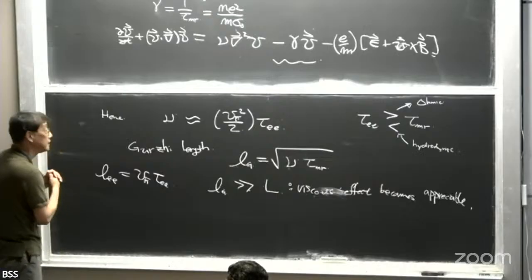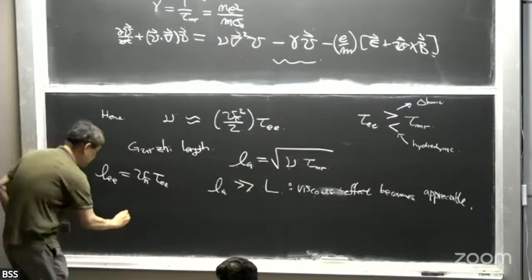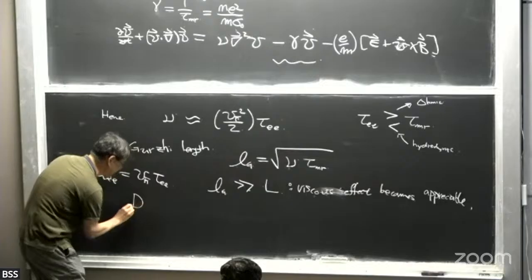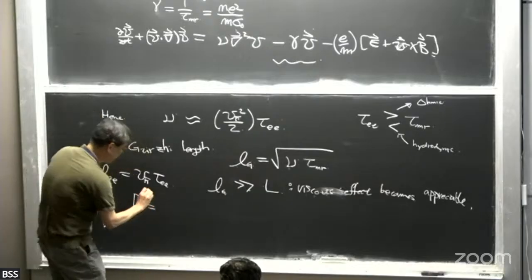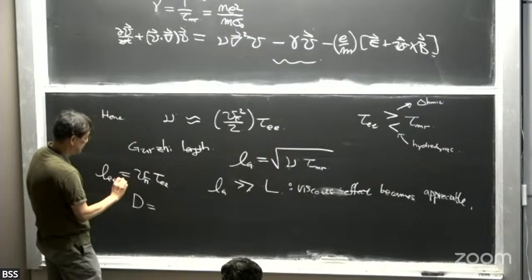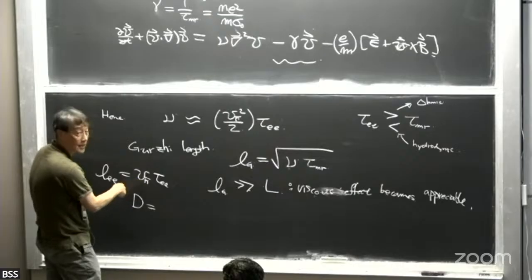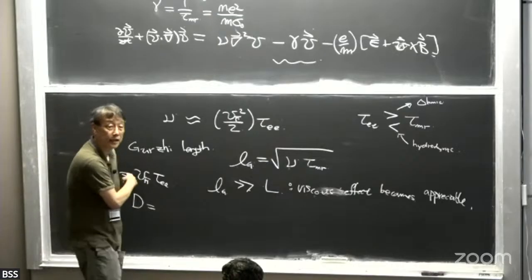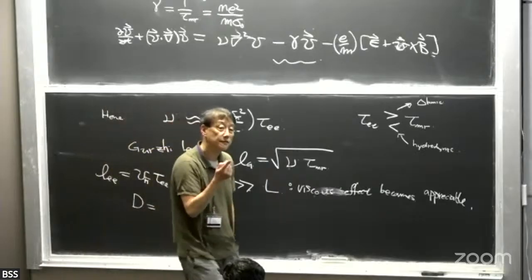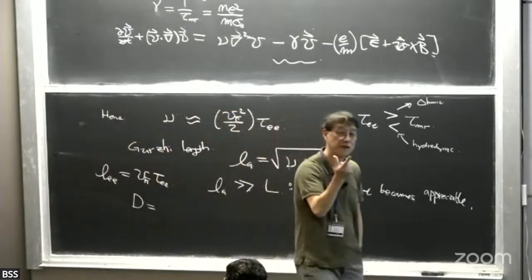If I use the diffusion constant, okay, so what you're saying is that you want to look at the momentum diffusion here, and you're right, I think. Define the diffusion length scale in that way. But what is the physical reason you want to use a diffusion there?